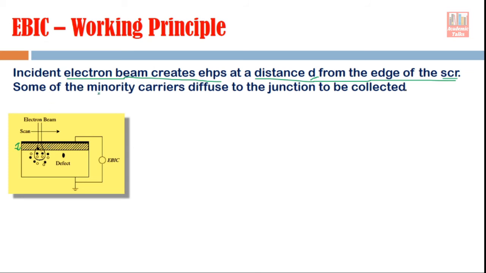Now some of these minority carriers diffuse to the junction to be collected. So if the junction is far away from the portion where the electron beam is interacting with the material and where the electron hole pairs have been generated, then since that distance from the edge of the space charge region is higher, we will not be able to collect those carriers, or you can say the minority carriers will not be able to travel that much distance to reach the space charge region.